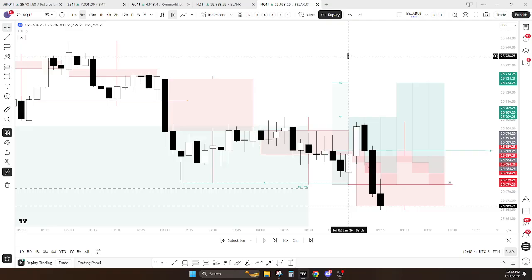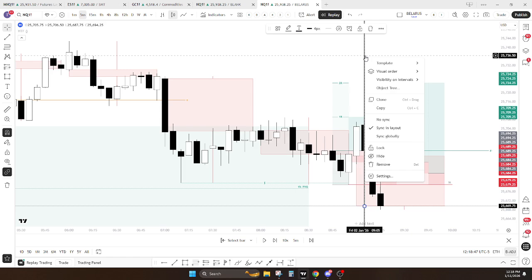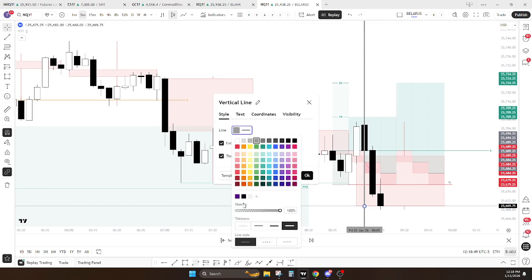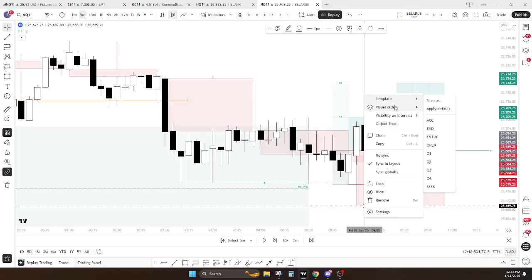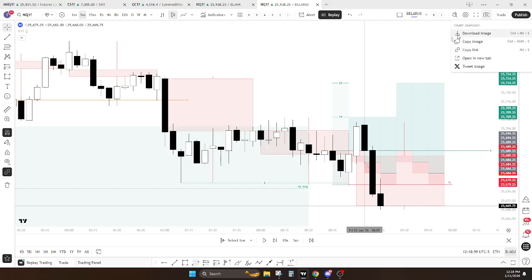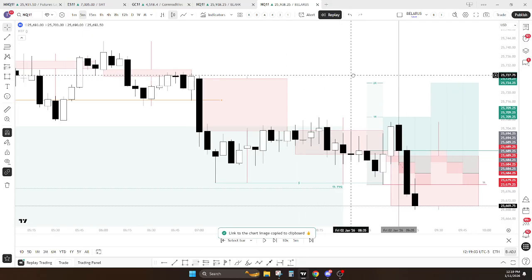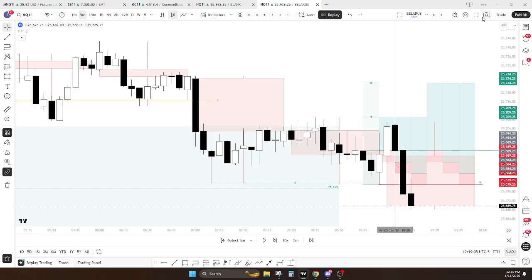This is super key. So our entry occurred on this candle. I'm gonna pull it out just a little bit more.